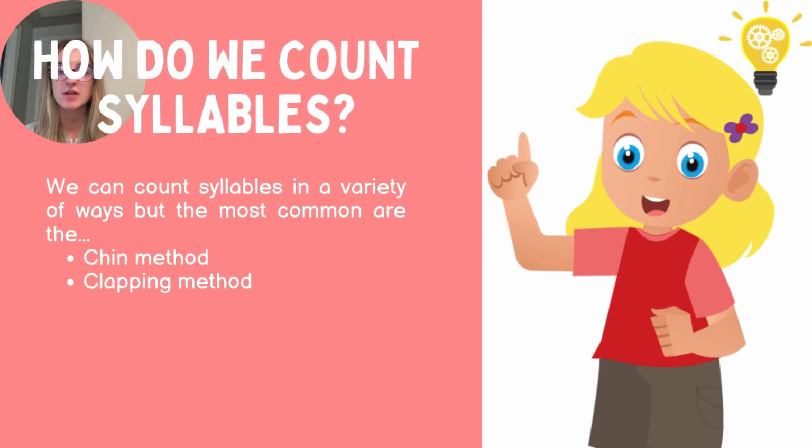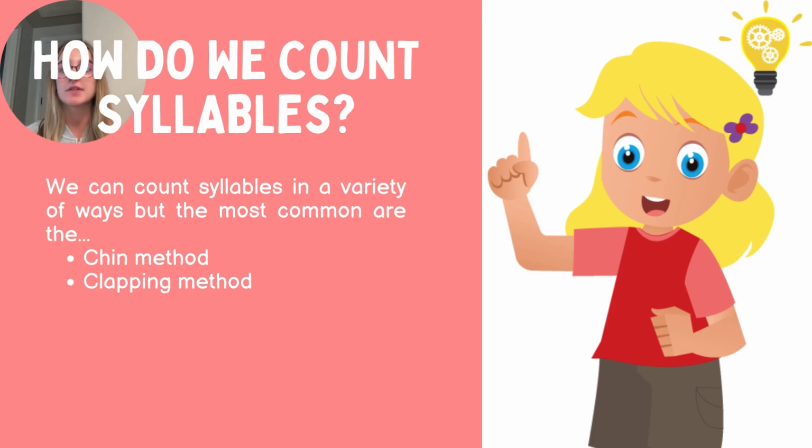And just like you already saw me doing, I taught you 2 different ways that we can count syllables. Do you remember what the chin method was? Yes, the chin method is when we say a word, we count how many times our chin drops. Even when we say the word method, method, our chin drops twice.